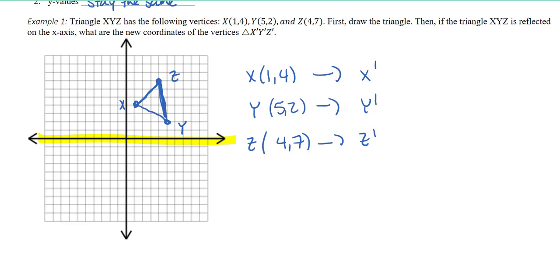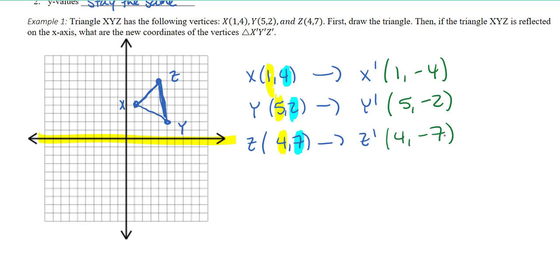Now what's really important is that the x values stay the same. We're going to stay on the same x, it's just going to change in the y value because they will become opposite. So what does that mean? Then the numbers will become, well, 1 is staying the same, but then it's -4. Y prime is then (5, -2). Z prime is then going to be (4, -7).